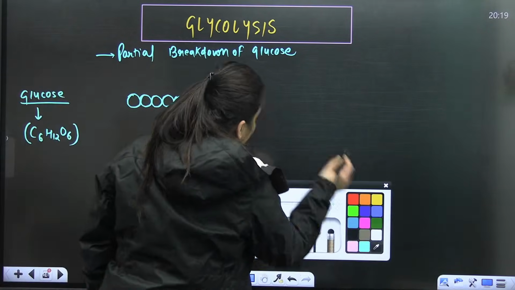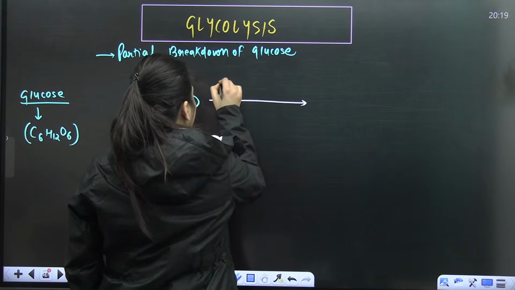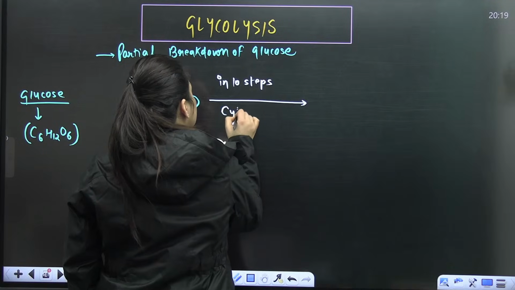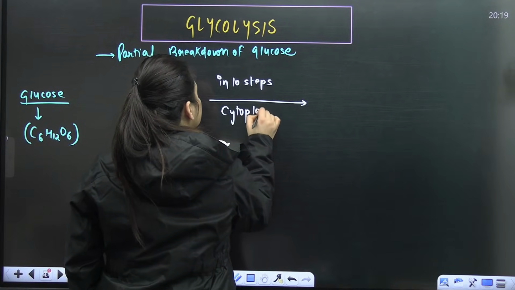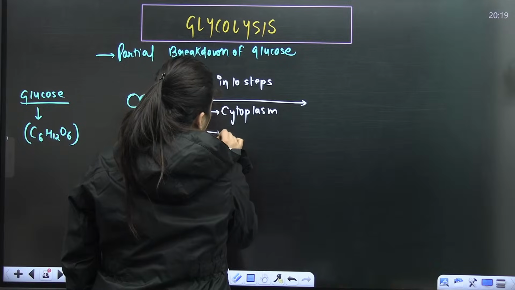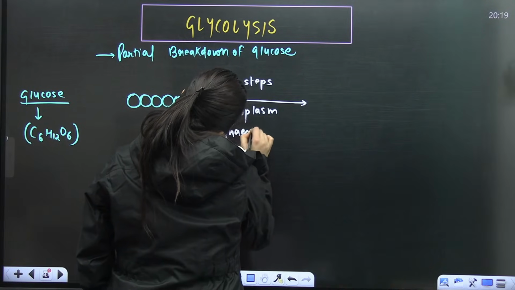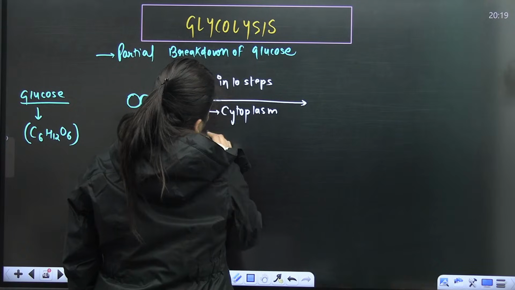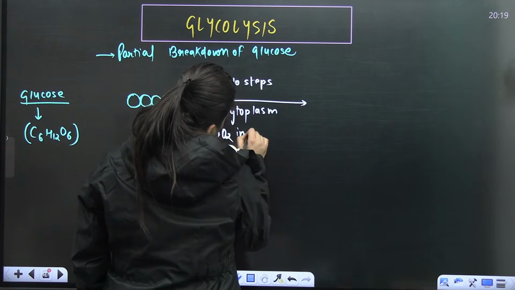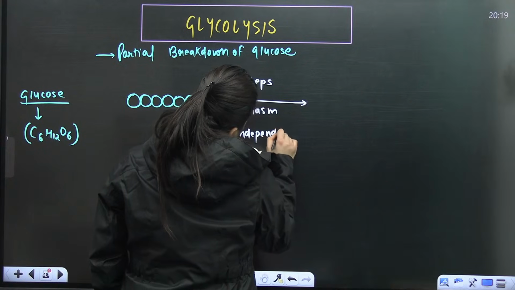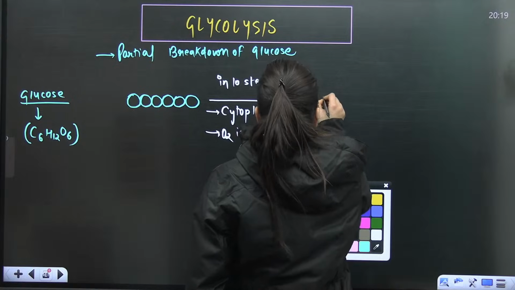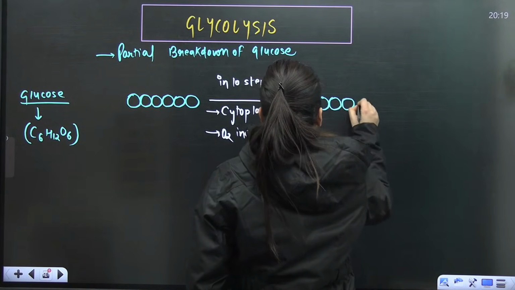Now you are breaking that glucose in 10 steps in the cytoplasm under anaerobic conditions, or I would say under oxygen independent conditions. You're partially breaking it.